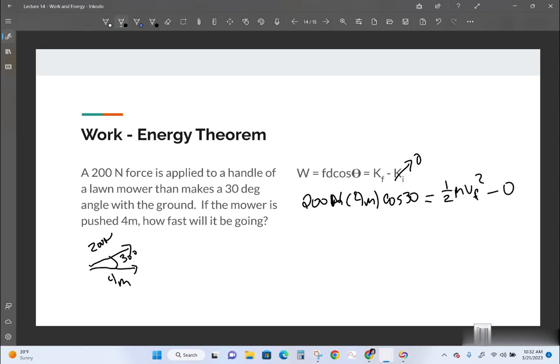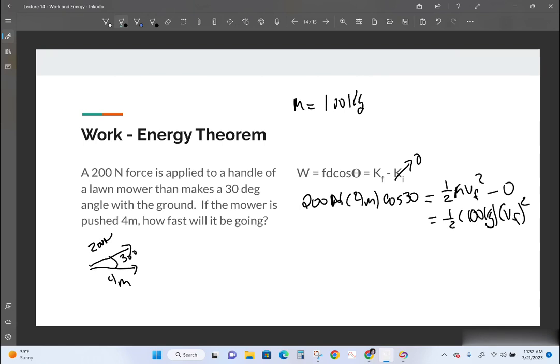Because it started with 0 kinetic energy. So if I plug in for m, I didn't tell you what the mass of the mower is, so let's just say the mass of the mower is 100 kilograms.